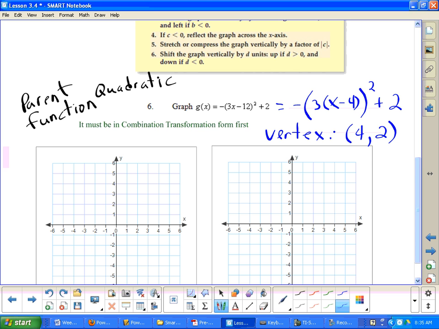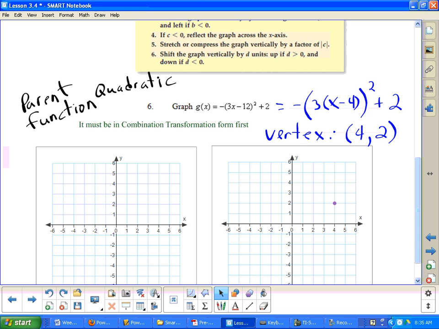Let's talk about everything that's happening here. This 4 means it's a horizontal shift by 4, vertical shift by 2. We've taken it from the origin at 0, 0, moved it over 4 and up 2 to start with. So there's where my vertex is, at 4, 2.